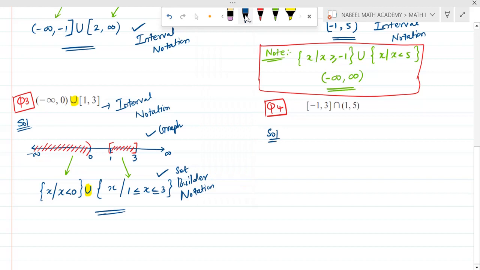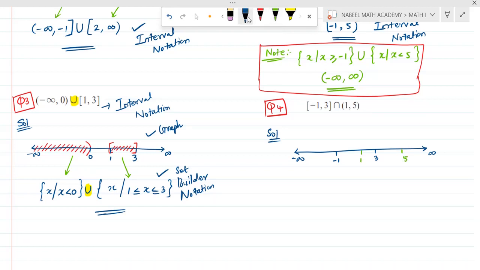It is the same rule here. So I draw the line first, plus infinity, minus infinity. What numbers do you have? Minus 1 will be here, and 3 will be here. And the next numbers, 1 and 5: 1 is here and 5 will be here.